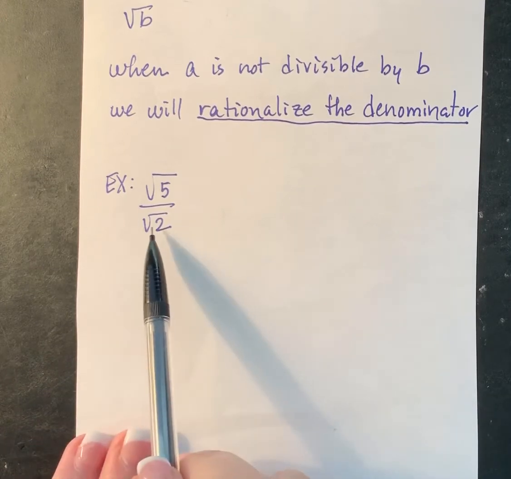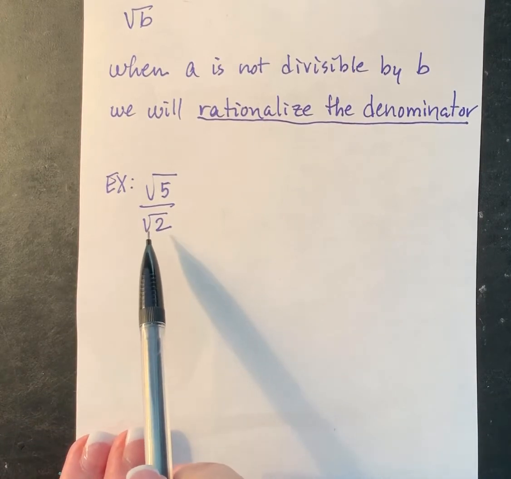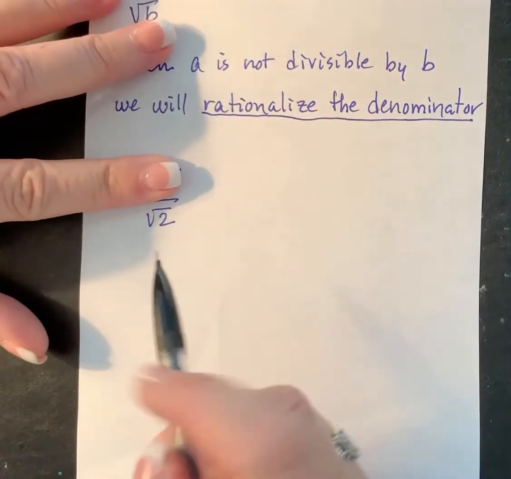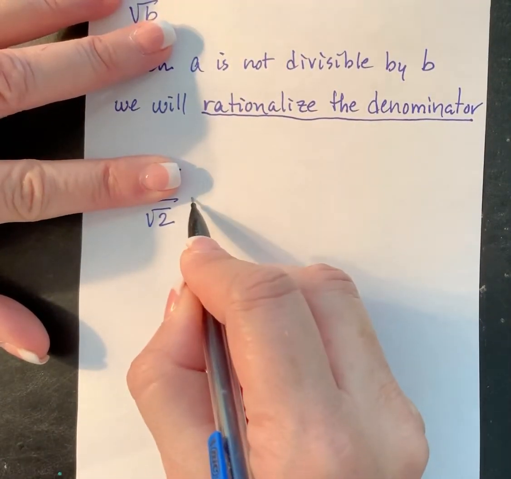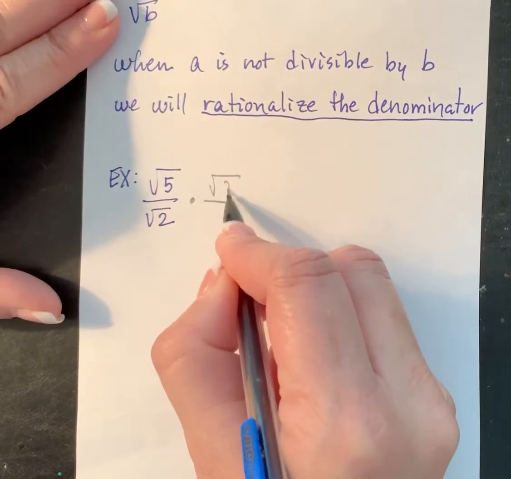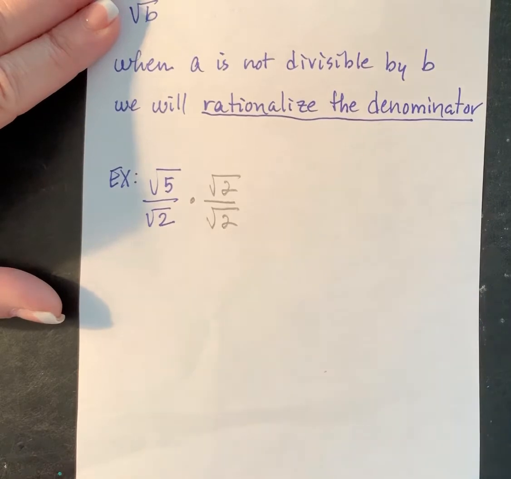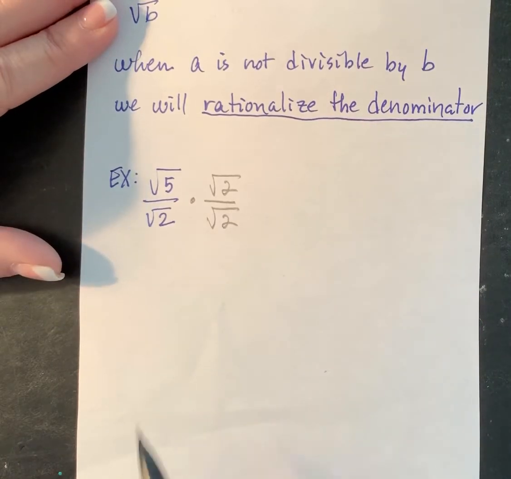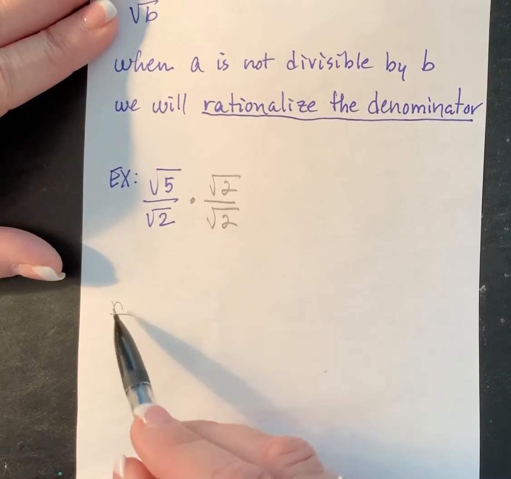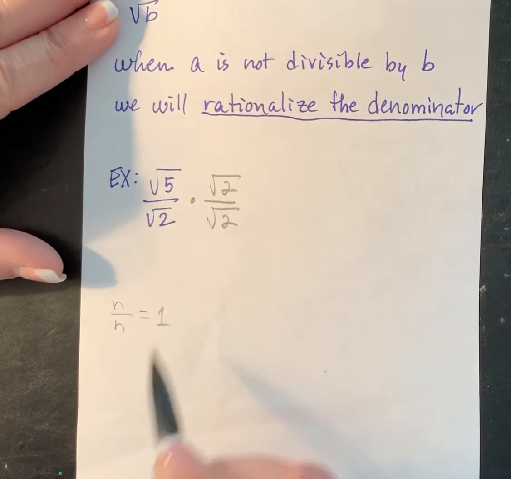Right now, the denominator is the square root of 2, which is irrational. So we're going to change it. So basically what we can do is look at that denominator, square root of 2, and I'm going to multiply this fraction by the square root of 2 over the square root of 2. All right? So if you have anything n divided by n, a number divided by itself, that is always equal to 1.